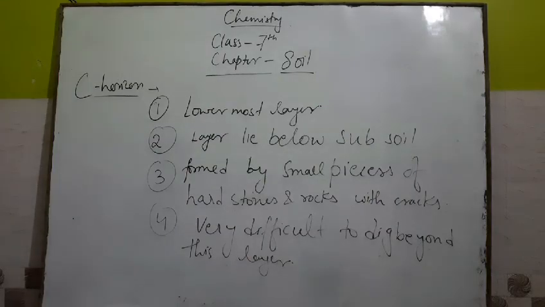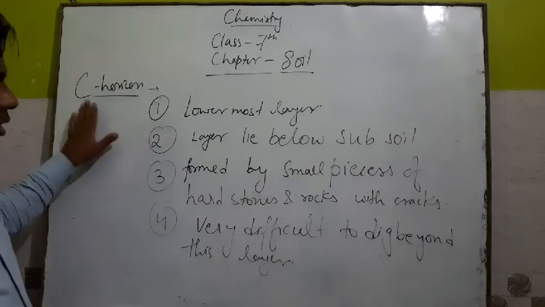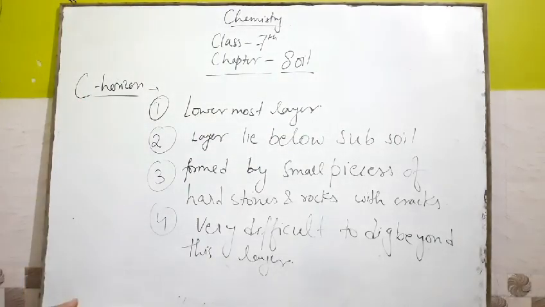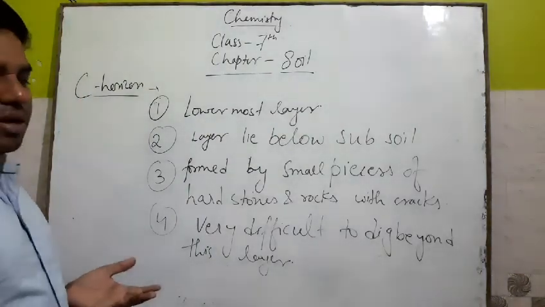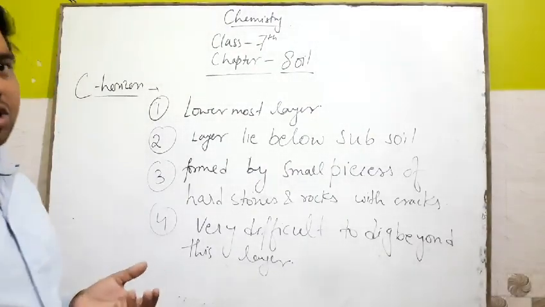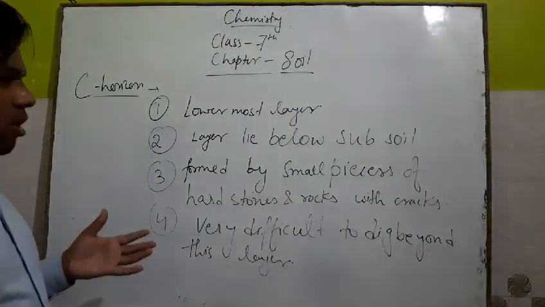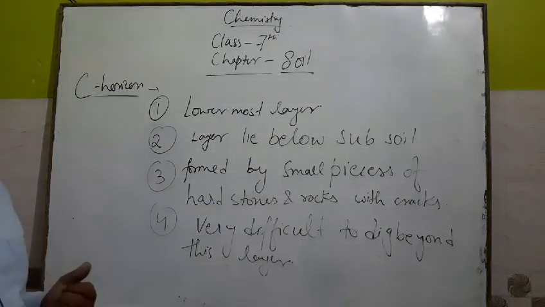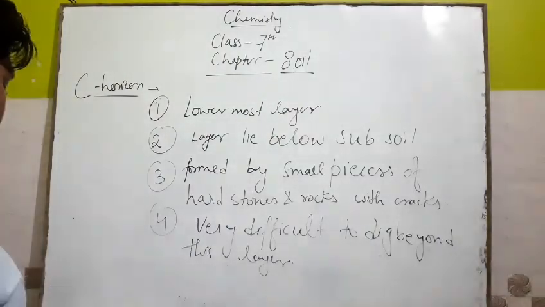Clear? And under this layer, after the C horizon, there is bedrock. Simply, there is bedrock, and in bedrock small and large hard particles of rocks, in small or very large amounts, are lying. Clear?